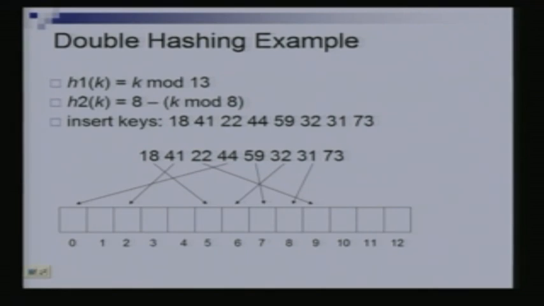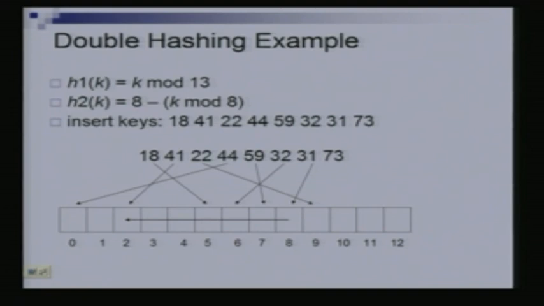73 mod 13 is 8. So it will try to go to 8. That's occupied. So we compute h2 of 73. 73 mod 8 is 1. So h2 of 73 is 7. So we will go to 8 plus 7, 15. 15 is 2 mod 13.